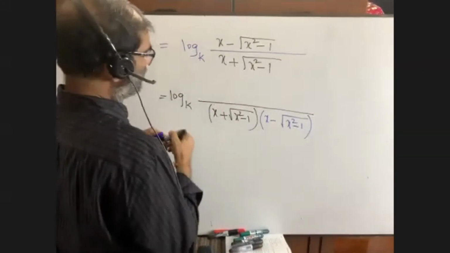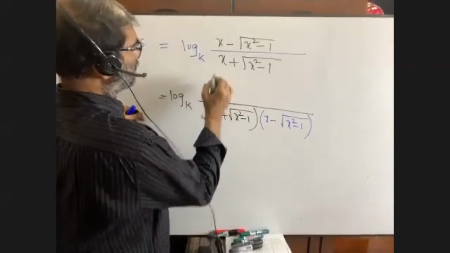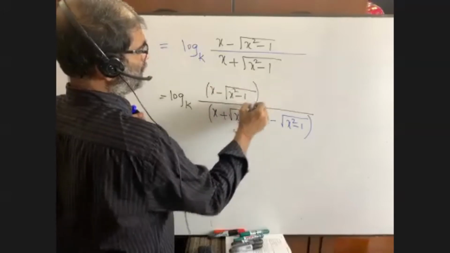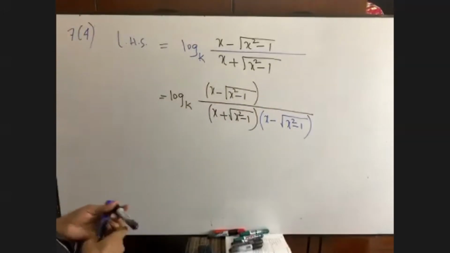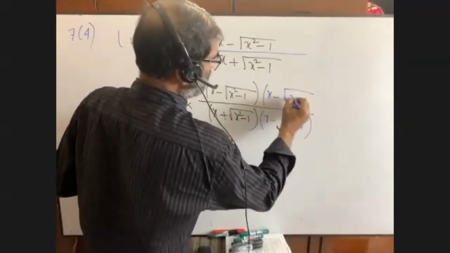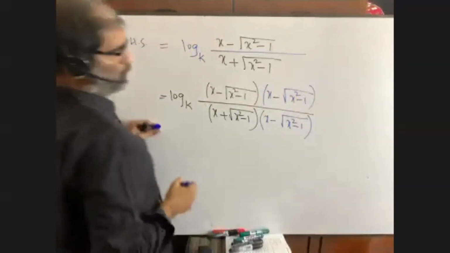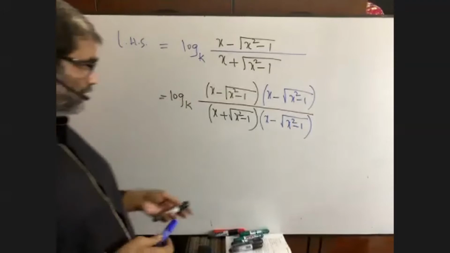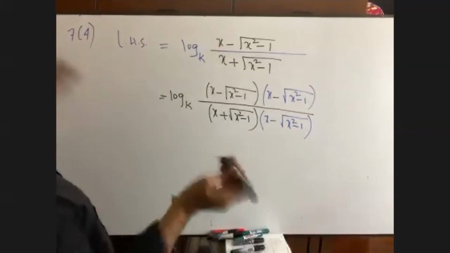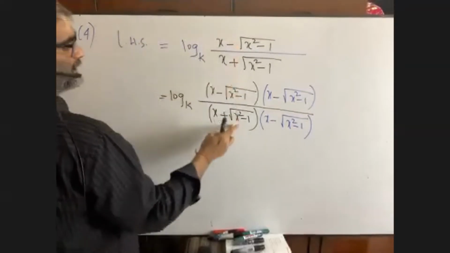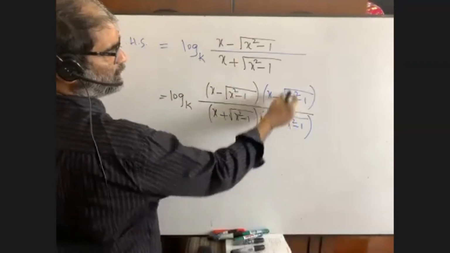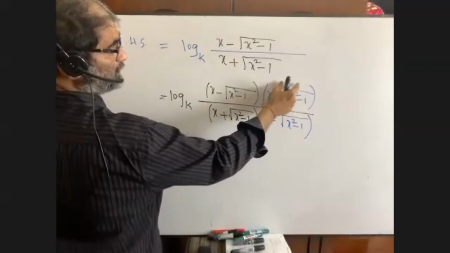That means here we get x minus root over x square minus 1, and we take this one, x minus root over. Can you please let me know what I have done here? You see, we are getting the same as it is. It is a plus b, I have taken a minus b. That a minus b has also been multiplied in the numerator.